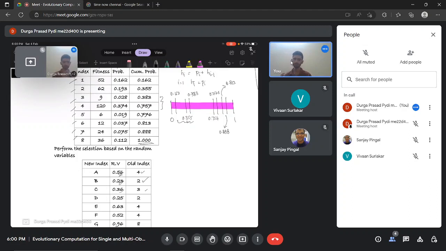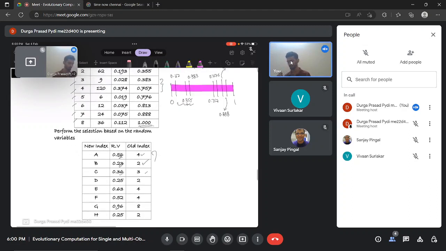This goes on and you have all these values, and these will go to the next generation. Here you are getting 4 three times, 2 three times, 3 one time, and 8 one time. So you have all your 8 solutions, which is equal to your population size.